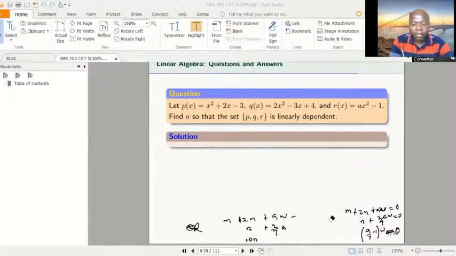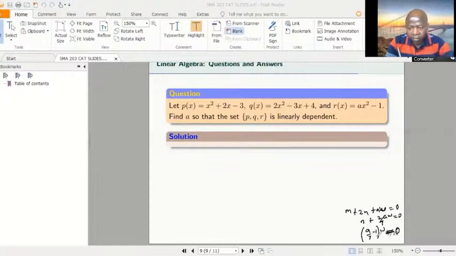For this system to have infinitely many solutions, A out of 7 minus 1 should be 0.